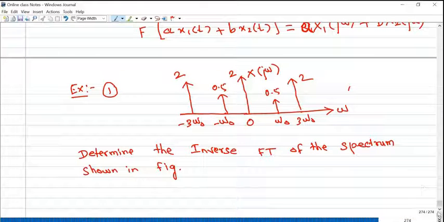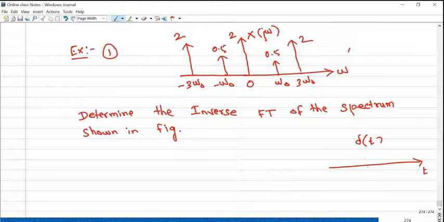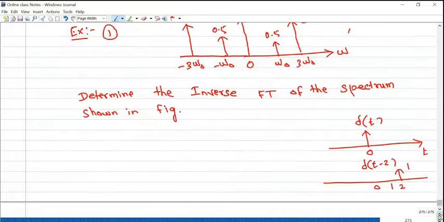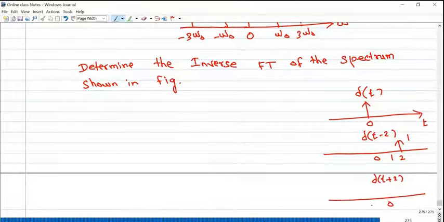First, write down the mathematical expression for this signal, because we already studied in Unit 1 how to represent a del function. Del of t is at t equal to 0, magnitude 1. Del of t minus 2 is at t equal to 2, magnitude 1. Similarly, del of t plus 2 is at minus 2, magnitude 1.